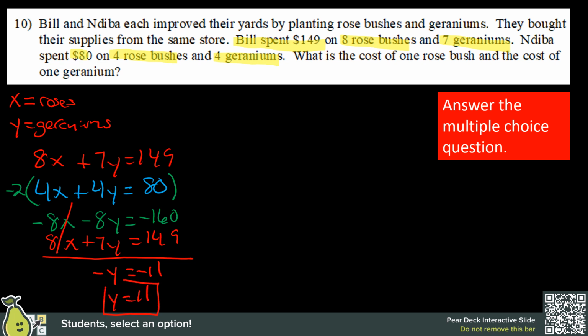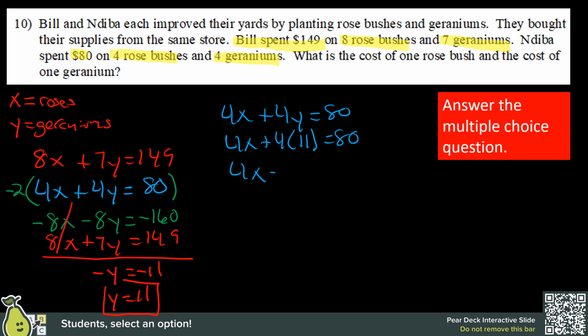Now that we have this here, we can substitute that into one of the equations. It doesn't matter which one. Let's go ahead and put it in the second one there. So we'll say 4x plus 4y equals 80. So we'll have 4x plus 4 times 11 equals 80.